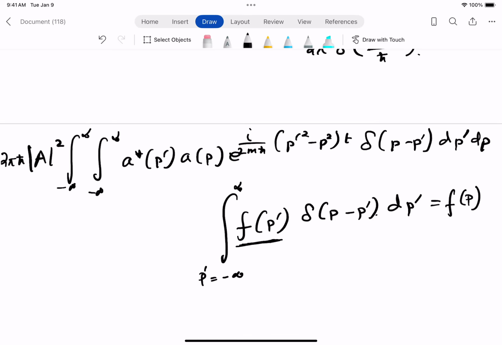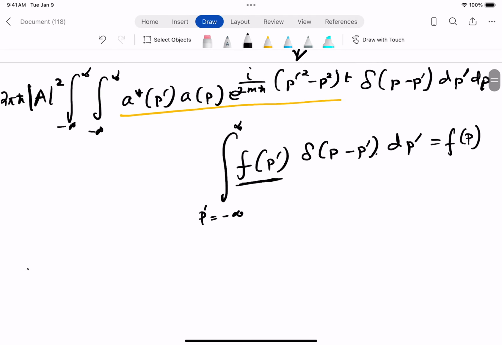I'm going to integrate over dp prime, which means wherever I have a p prime, it becomes p. If this p prime becomes a p, then I get e to the power of 0, which is 1. And so I have 2 pi h bar.